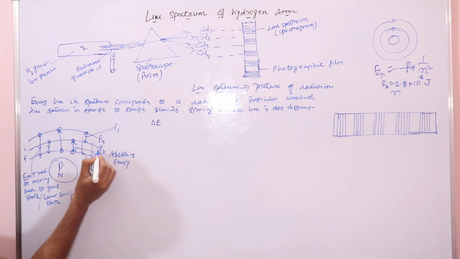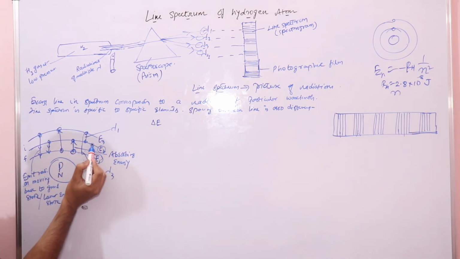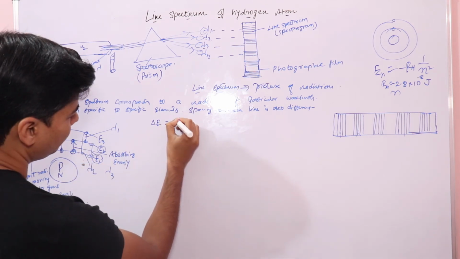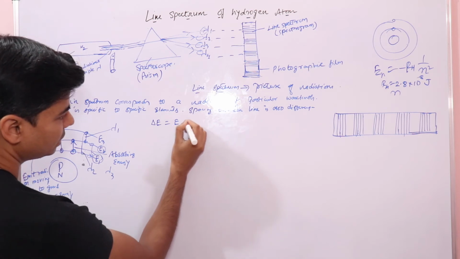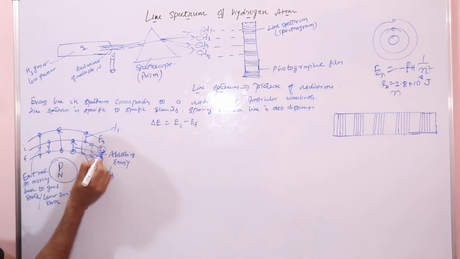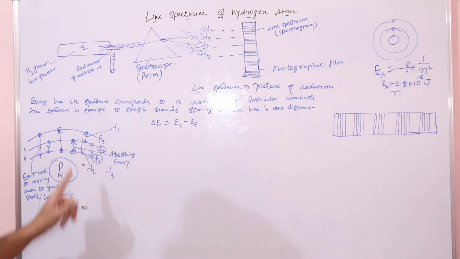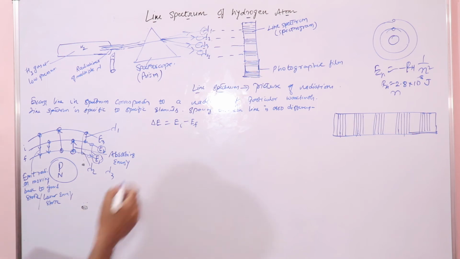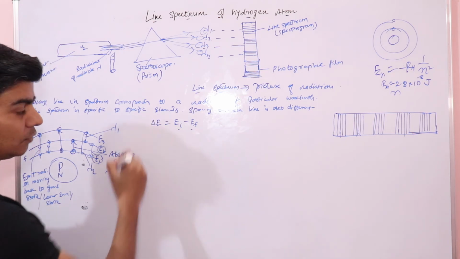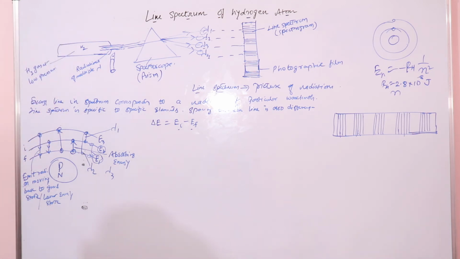Because this has E2 energy, this has E1 energy. So when the transition is taking place between E2 and E1, the energy would be EI minus EF. Initial is E2, which is higher in case of emission and this is lower, so delta E would be positive, right?